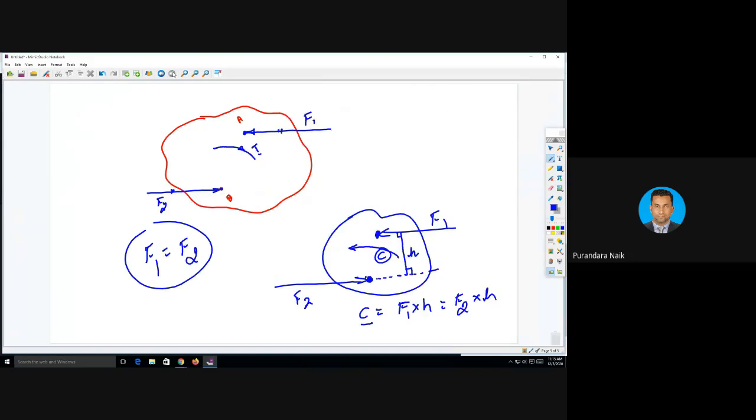Applied couple is T. The formed couple C must be equal and opposite. C must be equal to T, both in magnitude as well as direction. So direction is opposite, but magnitude should be equal. Is it okay? So that is the meaning.